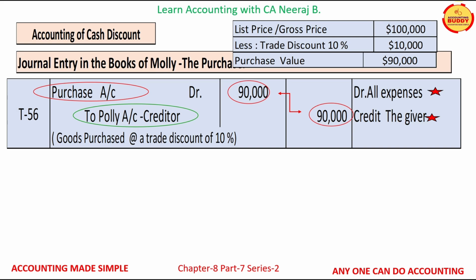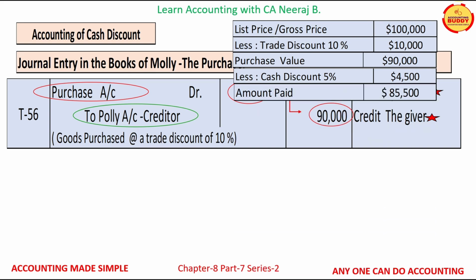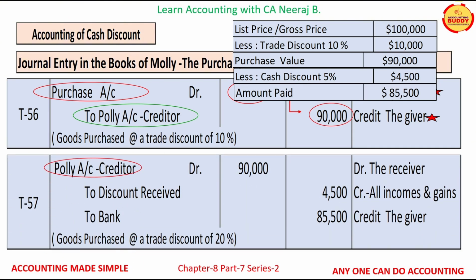In the given transaction, Molly the purchaser has got 5% cash discount amounting to $4,500, which means Molly the purchaser has to pay $85,500 to the seller. Three accounts which are getting affected are Polly's creditor account, discount received account, and bank account.